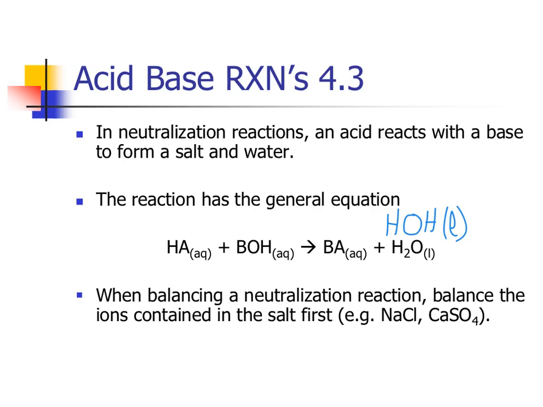It is a nice little way to suggest that if you are going to balance a neutralization reaction, balance out the salt first, and this would be considered your salt because it's ionic. So we do need to be mindful of that and balance out your salt. We'll do some examples of that in just a little bit, and then the water will, for the most part, find its way out or balance itself out. So we'll look at that a little bit further.